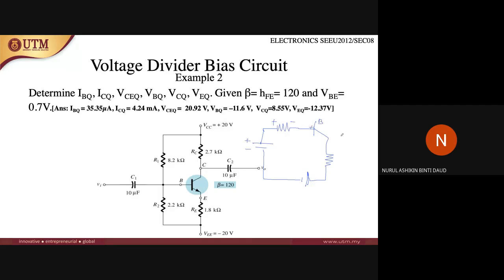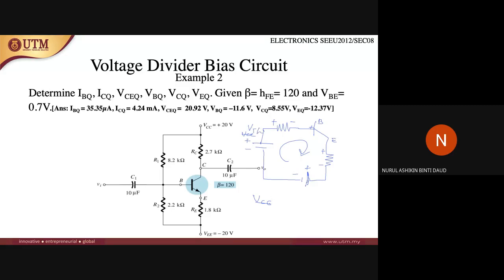This is B, and this is E. Taking clockwise, this is not VCC, it has become VTH.